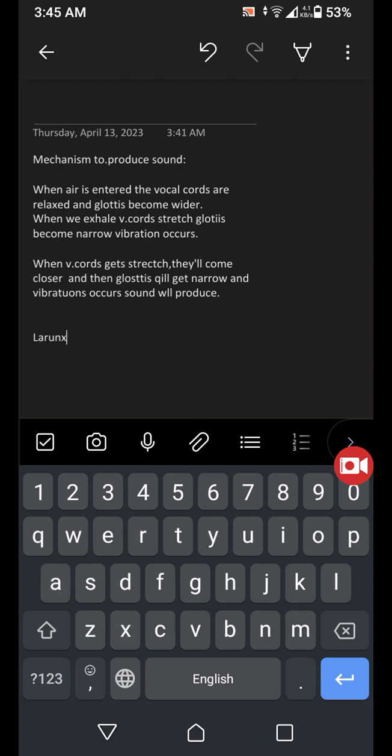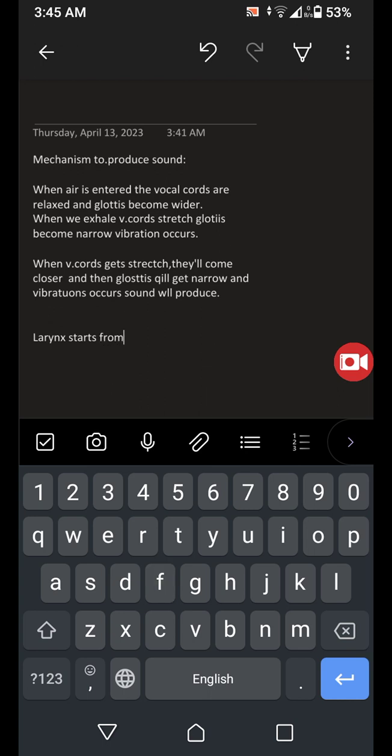Basically, the larynx starts from the cricoid cartilage. Basically, larynx, these are the MCQs.